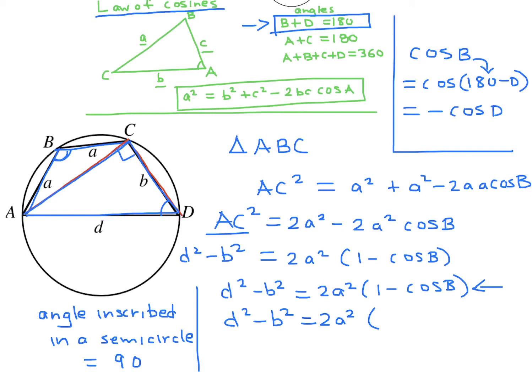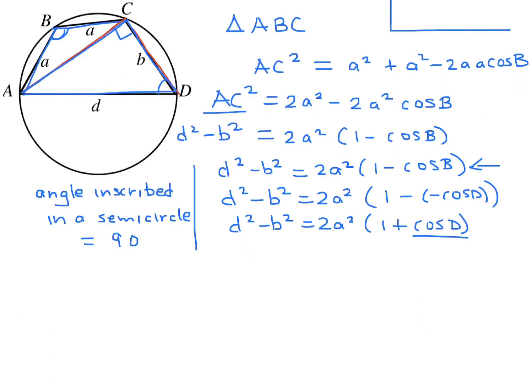So this becomes 1 minus minus cos D, like that. All right? So D squared minus B squared is 2A squared, 1 plus cos D. So what is the cos of D? If you look at this diagram, we can figure that out because we have a right triangle in there.